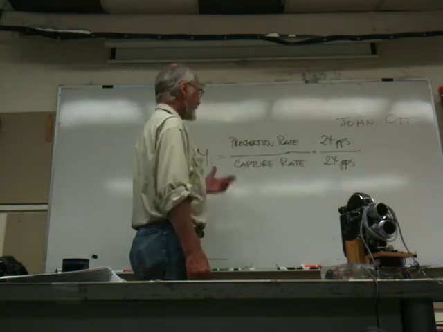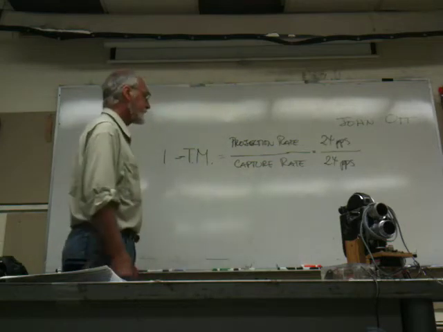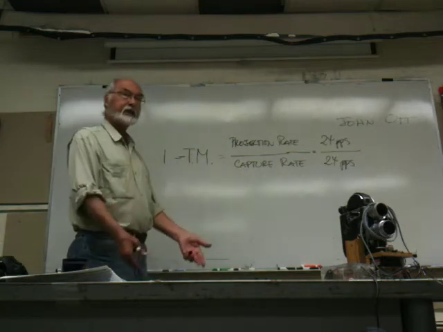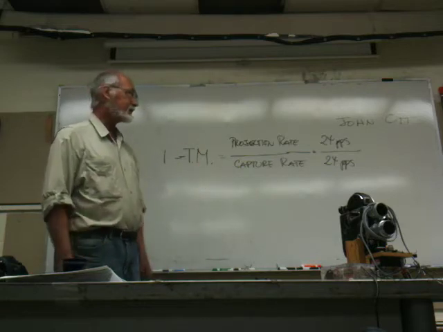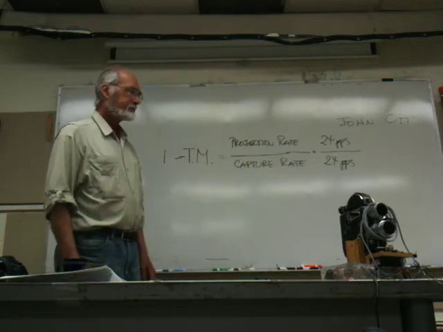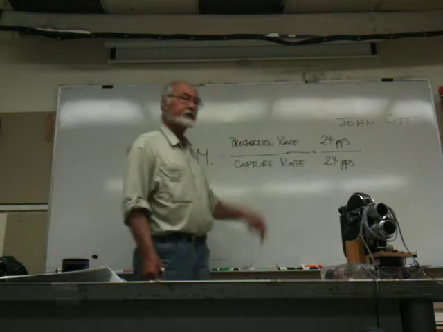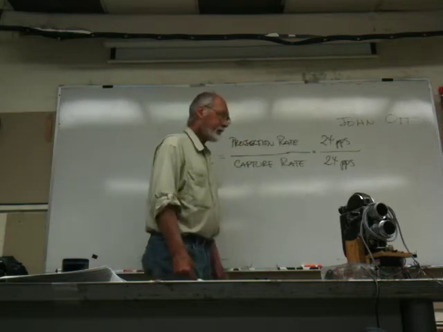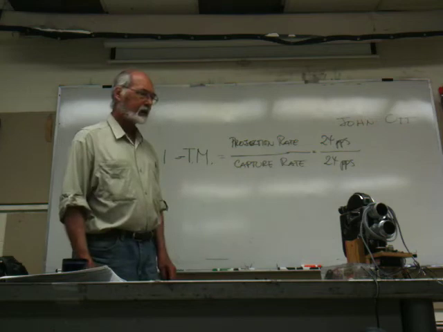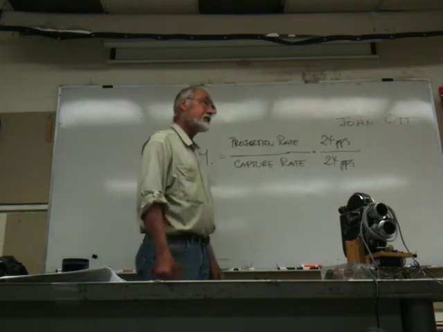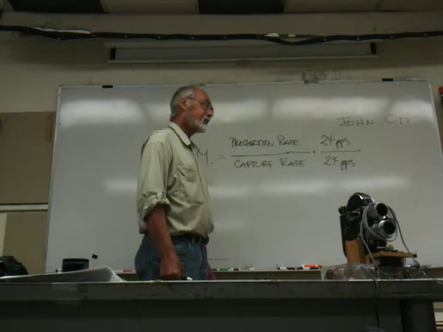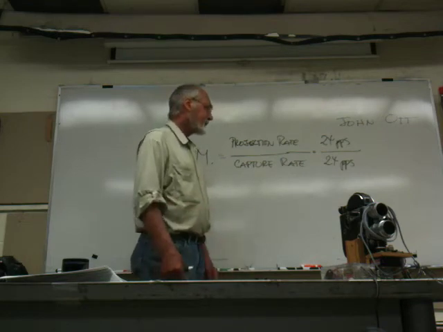So suppose that our capture rate is, we make 48 pictures in 1 second, but then we show them at 24 pictures per second. In that case, let's see. Actually, I want to go there. That would be okay.